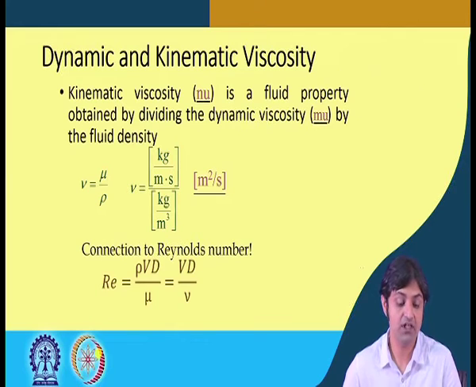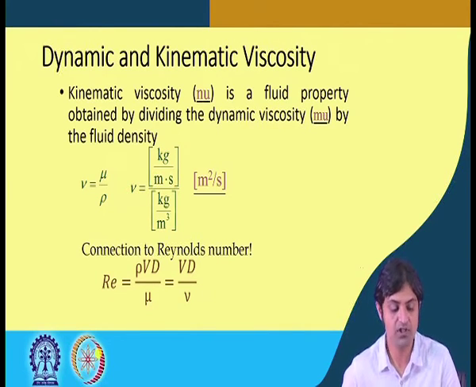This also has a connection to Reynolds number. Reynolds number is a concept that we will study some weeks from now, but I think this is a fluid mechanics and hydraulics class, so it is important to introduce the value. Reynolds number is given by rho V d by mu, and since mu can be written as rho into nu, we can simply write Reynolds number as V d by nu.